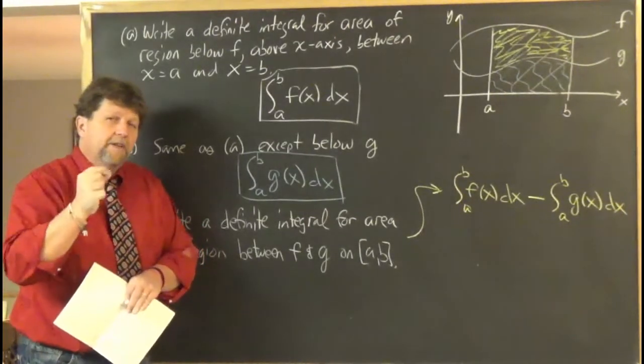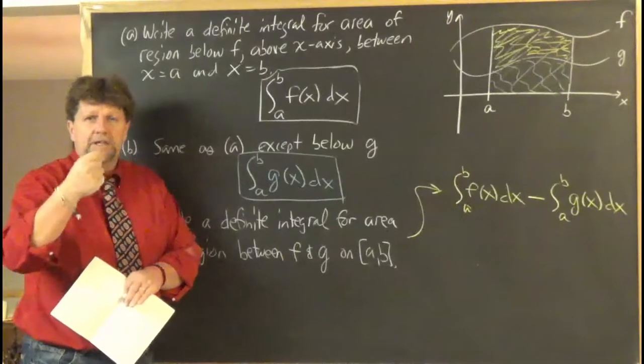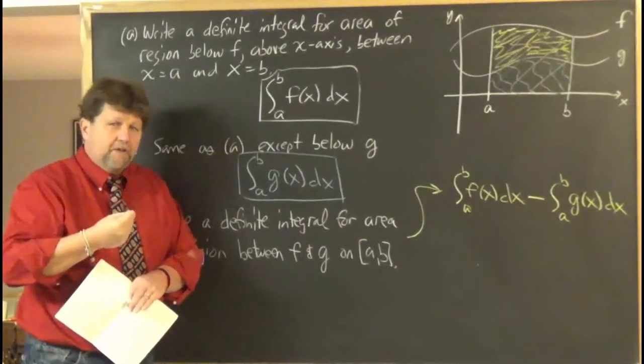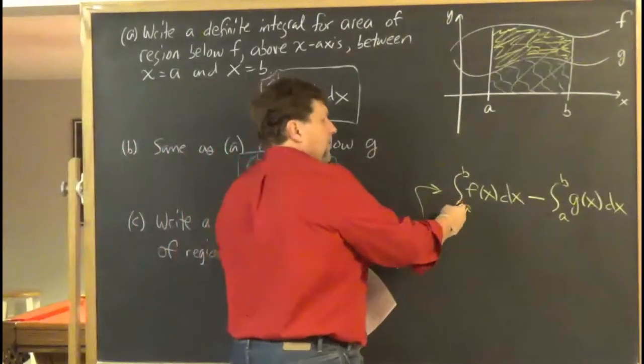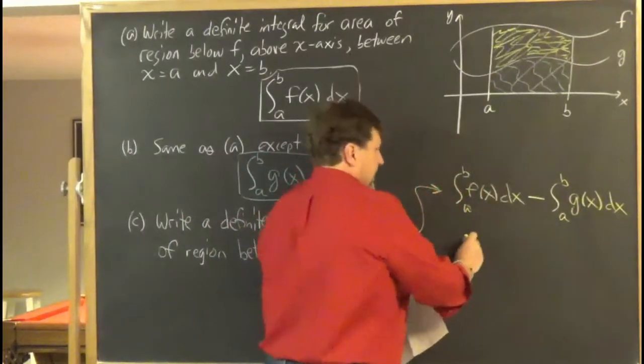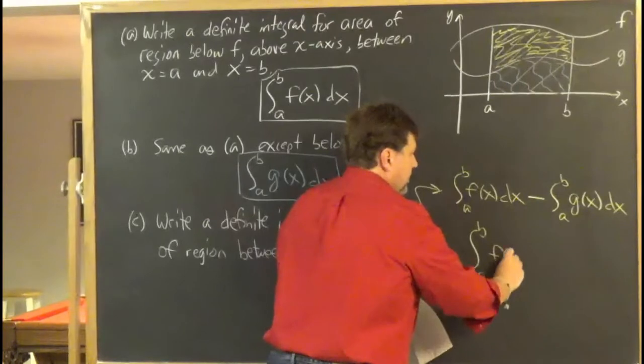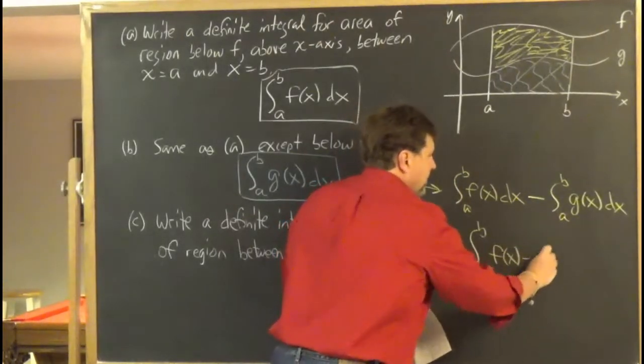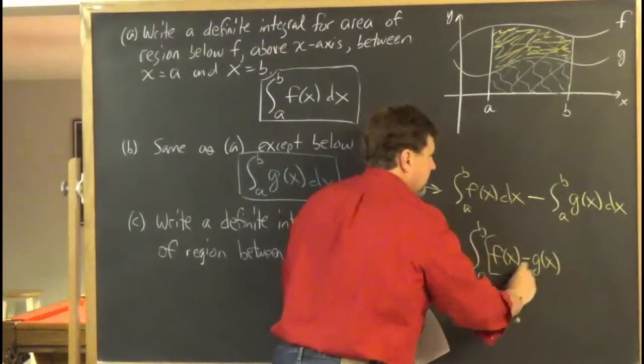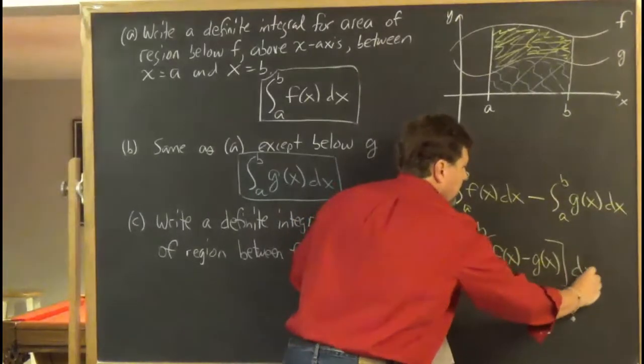So simple subtraction gives us the area. Using properties of definite integrals that you saw back in Chapter 5, you can rewrite this as the single integral from a to b of f of x minus g of x dx.